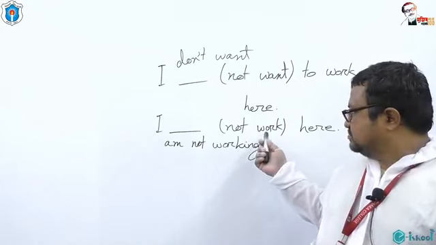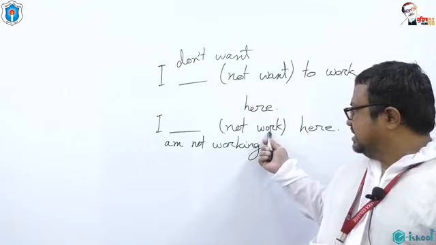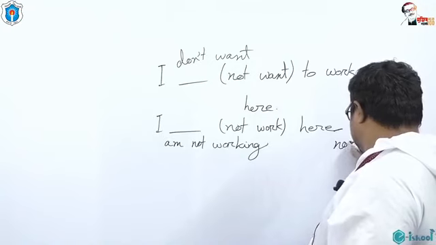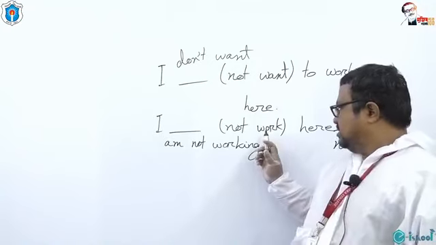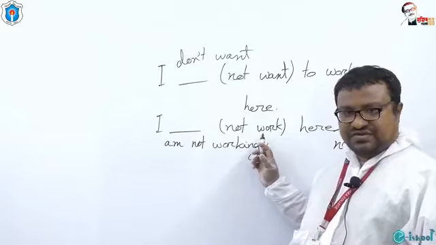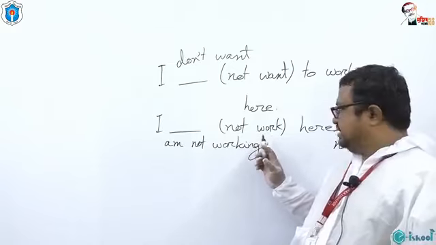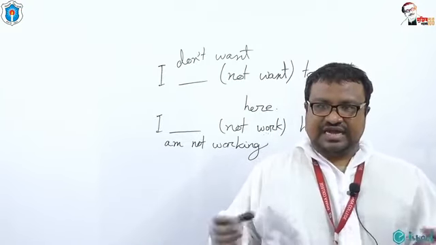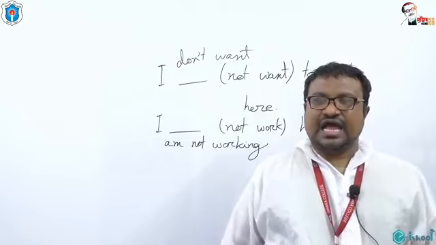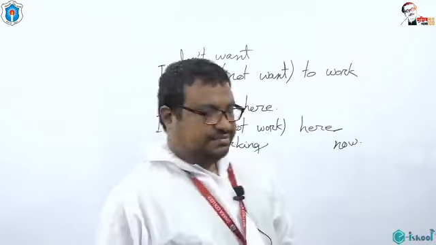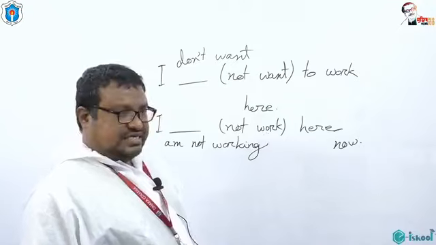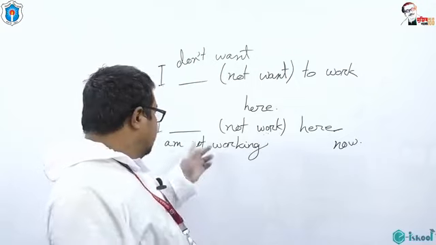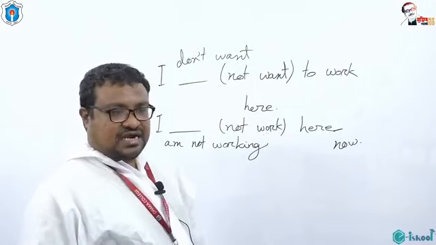Here we see that there is a main verb in the bracket, and before this main verb in the bracket we see not, but at the same time in the sentence we see the word now. Now I am not working here now.